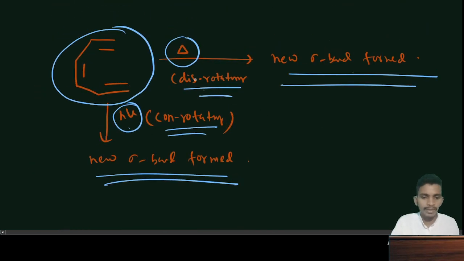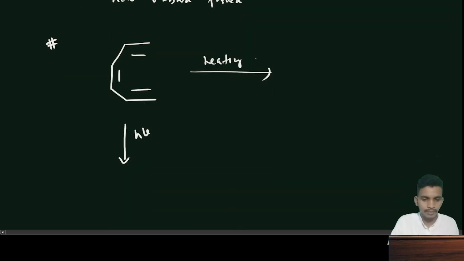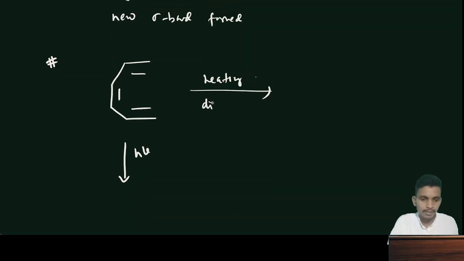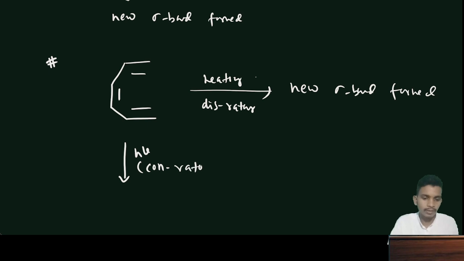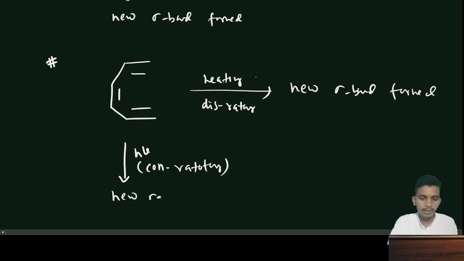If we give heating, then disrotatory, a new sigma bond has formed. And if you give photochemical conditions, then conrotatory, a new sigma bond has formed.